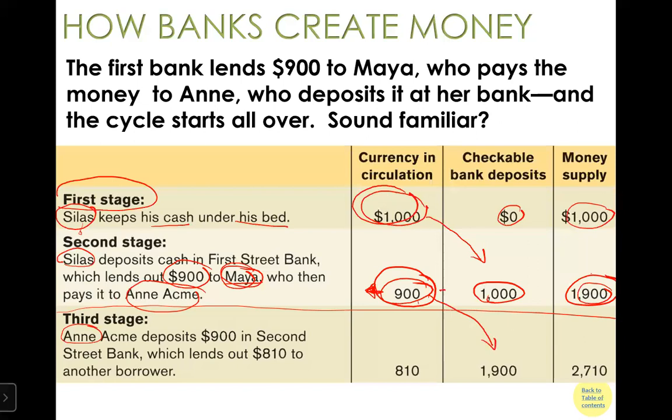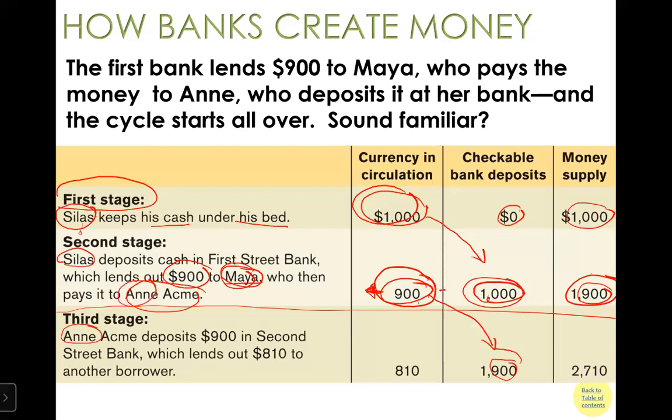Now the bank will have 1,000 that belongs to Silas, and also 900 that belongs to Anne.